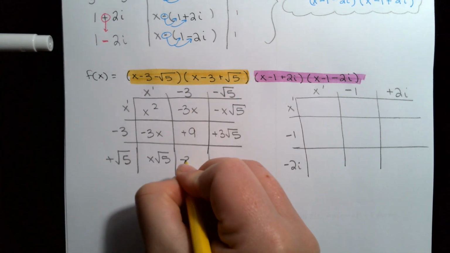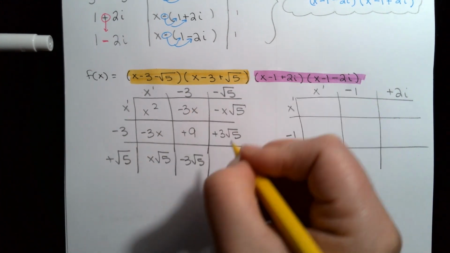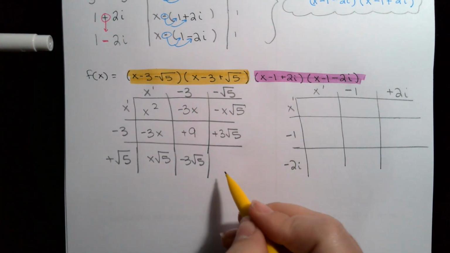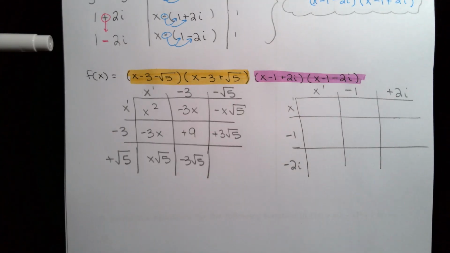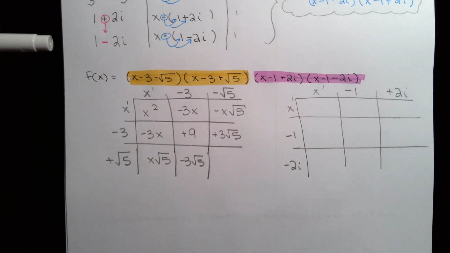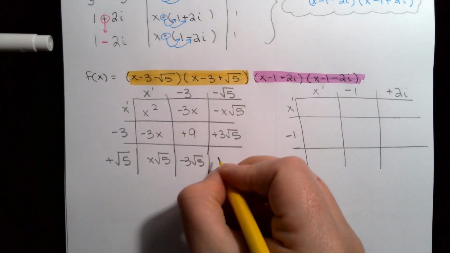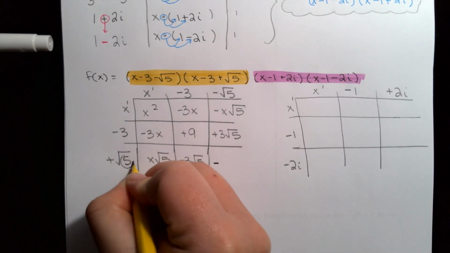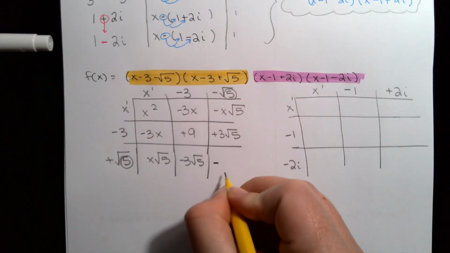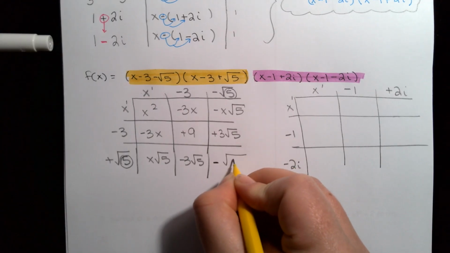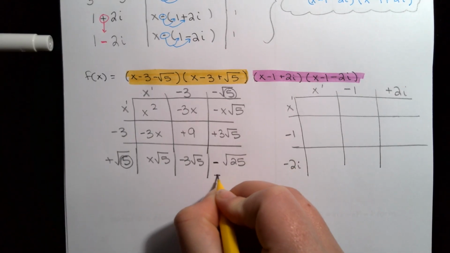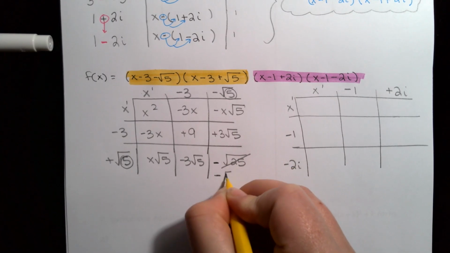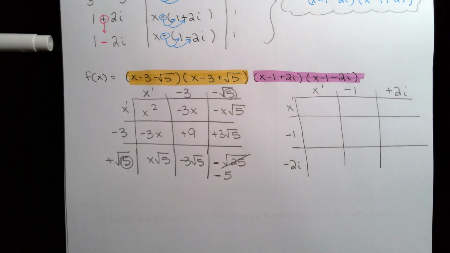Here we have a negative 3 root 5. Here's where you're going to notice in this very last box where your square root is going to eliminate. So I have a negative times a positive, which gives me a negative. Inside a root, I have 5 and 5, which gives me 5 times 5, which is 25. Here we can take the square root of 25, which is just 5.